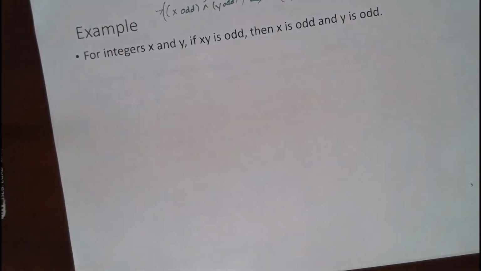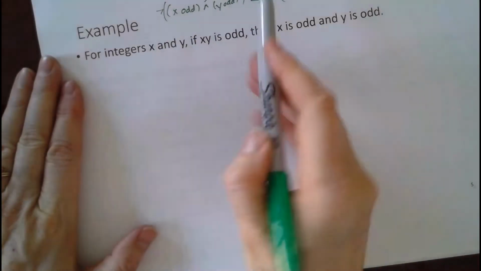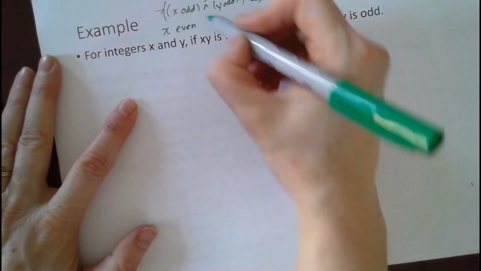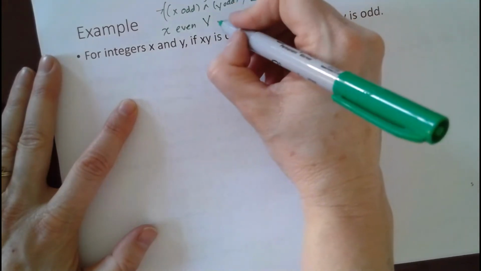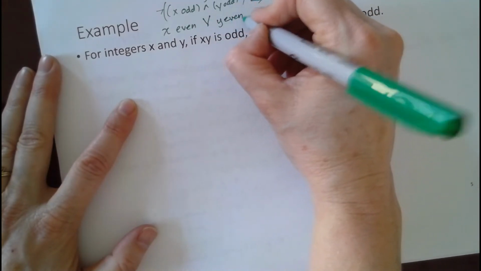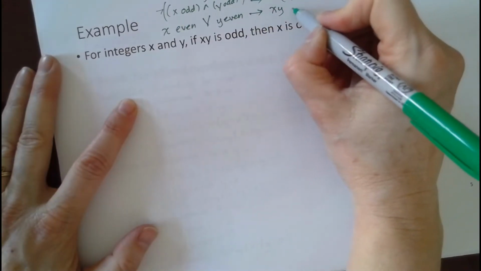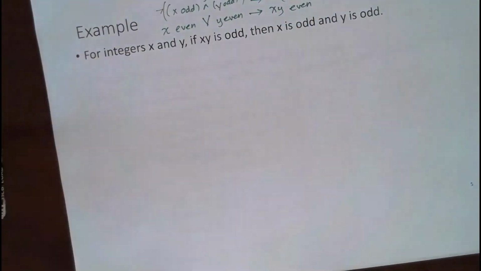Okay. So we know from De Morgan's law that if I negate this, it's going to turn into: x is even or y is even, then the product xy is even. And this is why we need a proof by cases.